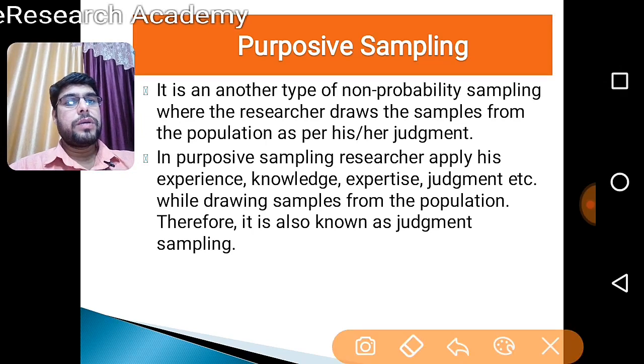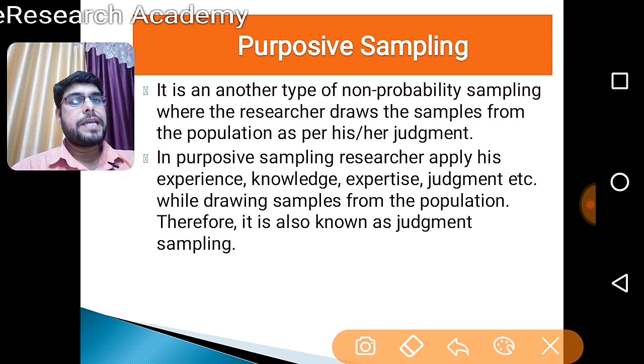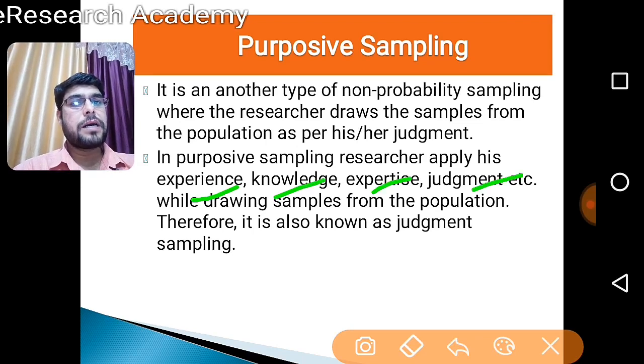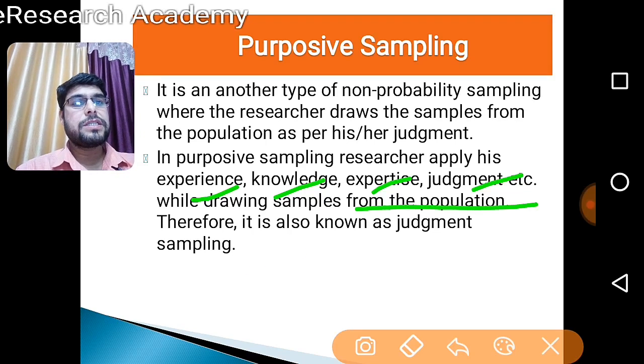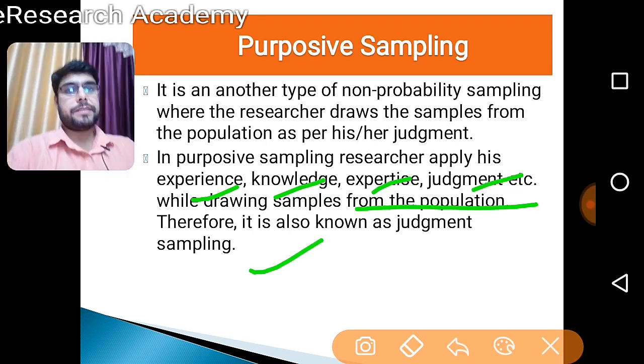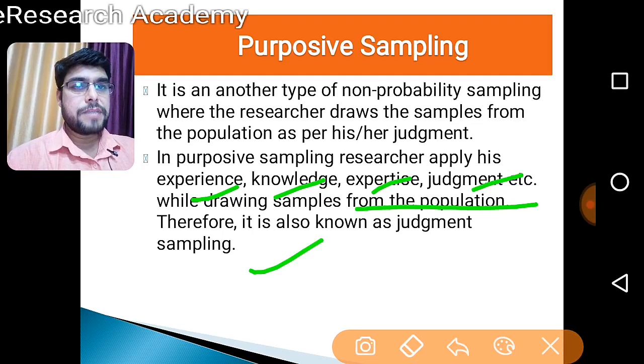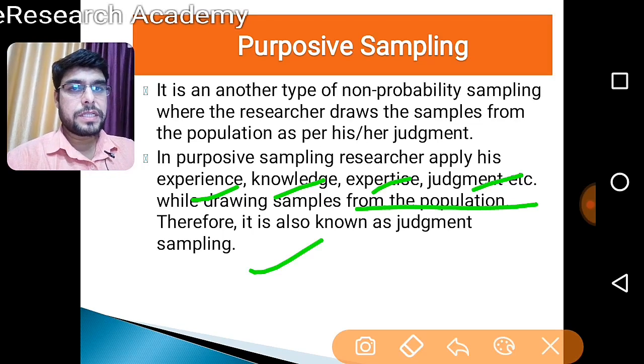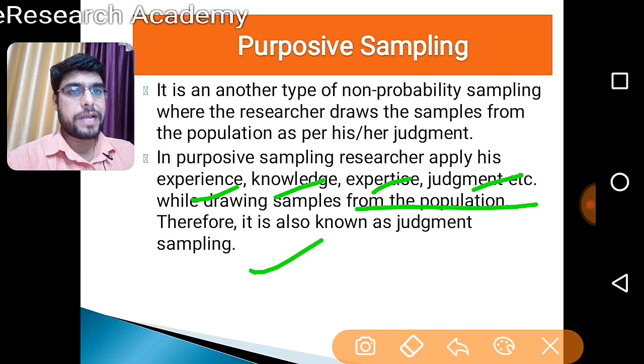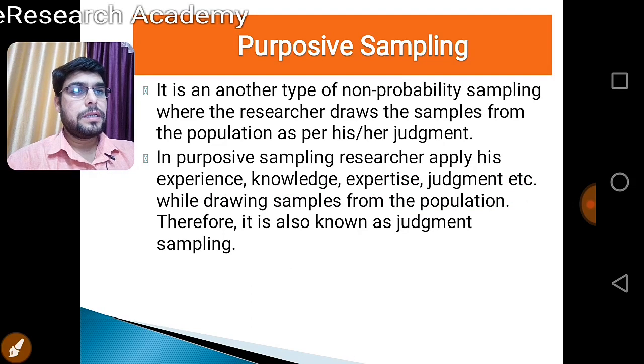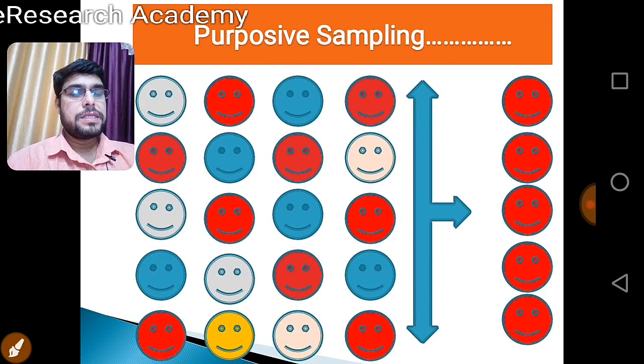In purposive sampling, the researcher applies his experience, knowledge, expertise, judgments, etc. while drawing the sample from the population. Therefore, it is also known as judgment sampling. As the name suggests, judgment sampling means the researcher uses his own judgment while picking or selecting the sample from the universe.